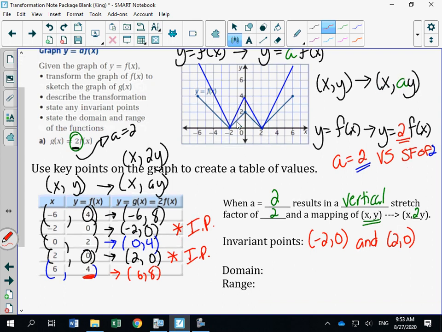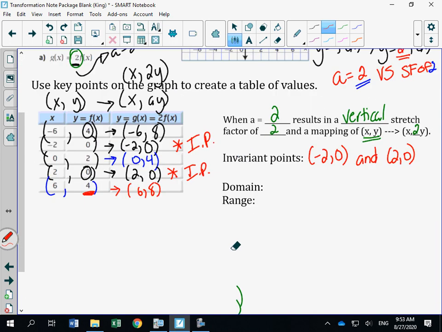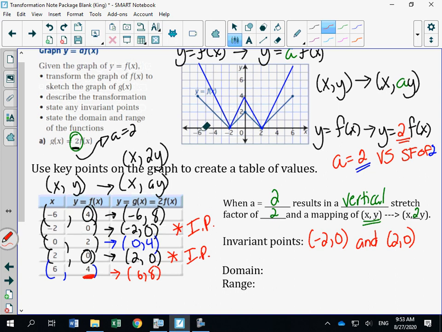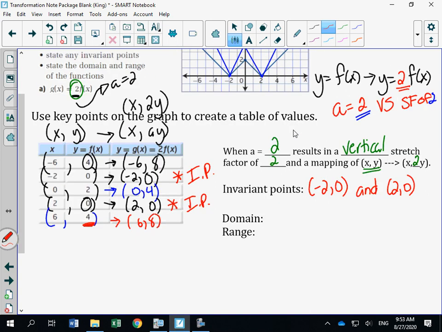So my domain does not change under a vertical stretch. So my domain is negative 6 to 6. That's my domain. And we could say domain does not change. Triangle for change in a vertical stretch.